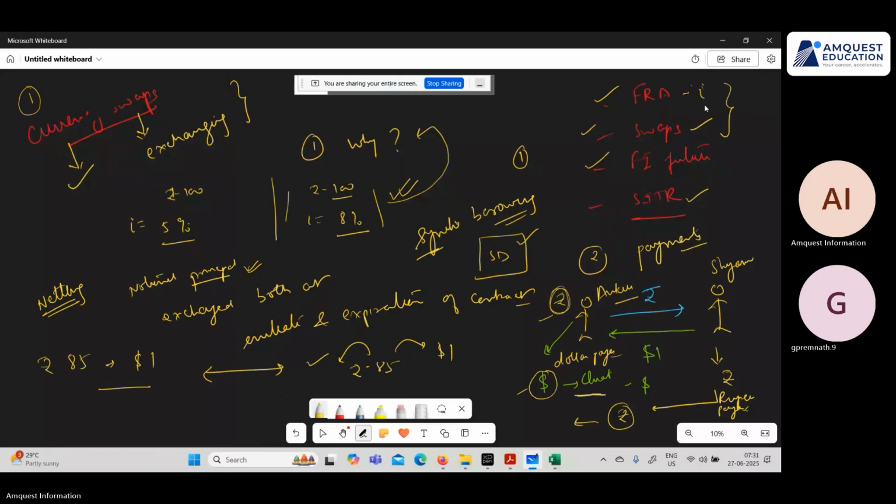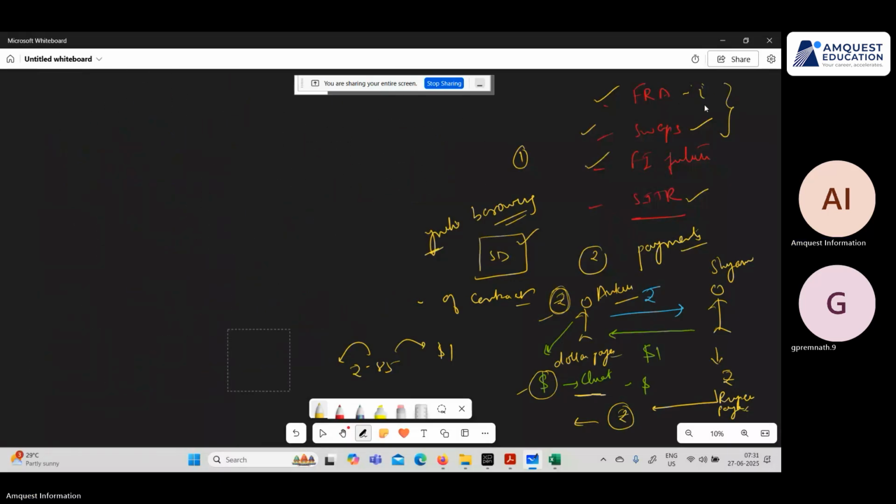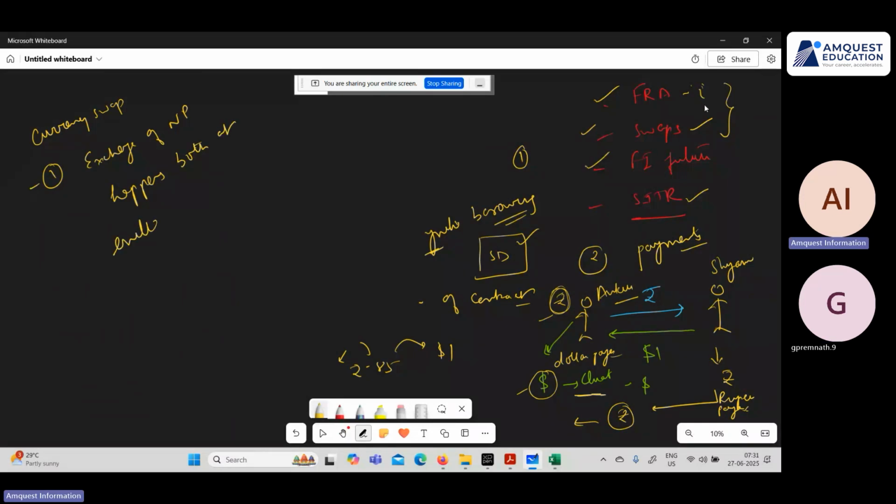So before we go to a question, the takeaways are that in a currency swap, first, exchange of notional principal happens both at initiation and termination of the swap.